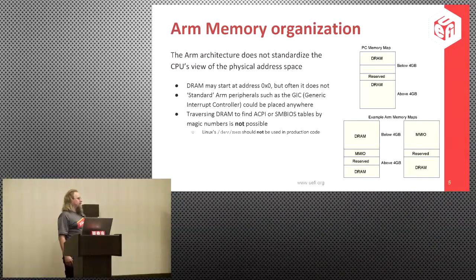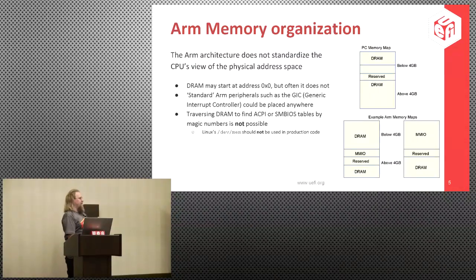One of the things that's been kind of tedious for us moving across and trying to get more stuff compatible with the ARM architecture has been stuff that tends to still work on PC, such as randomly trawling through address space for ACPI or SMBIOS tables, looking for magic numbers, which, as you see, in the first ARM example, well, that probably won't kill you.